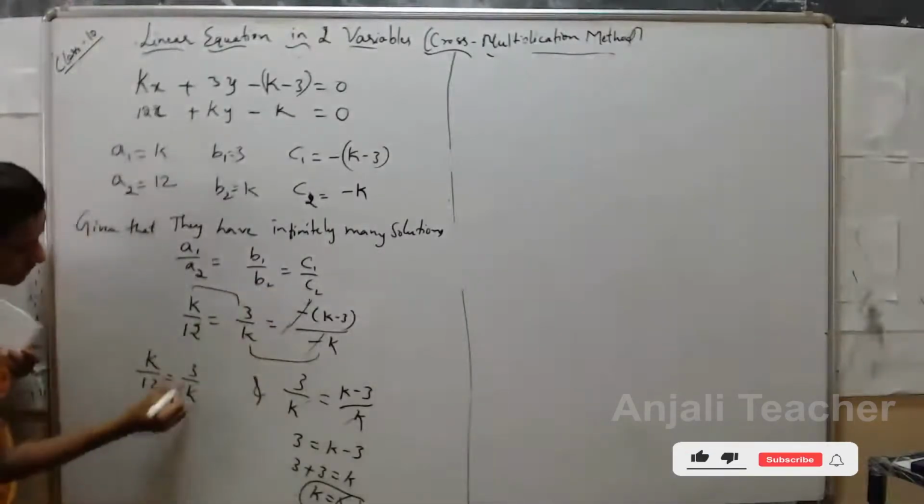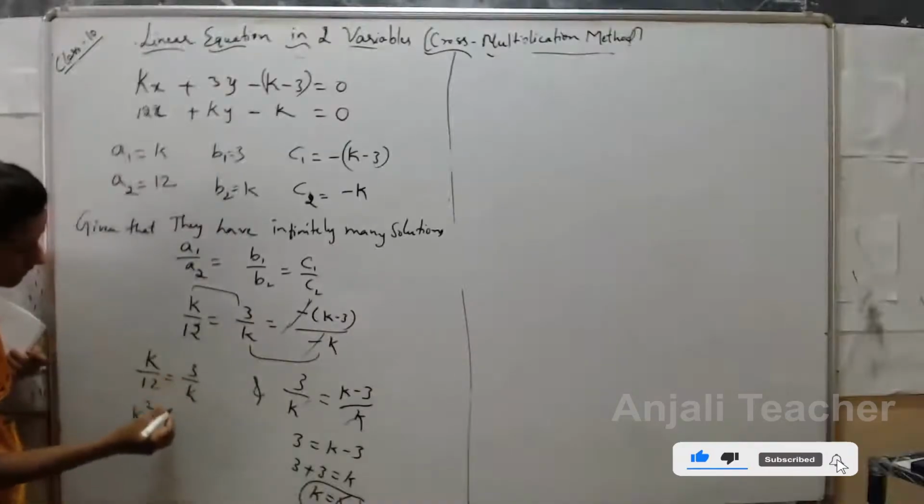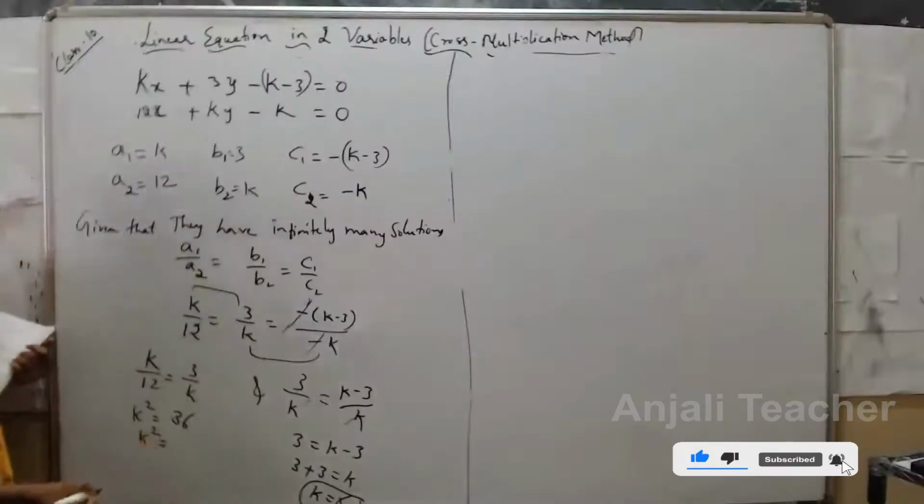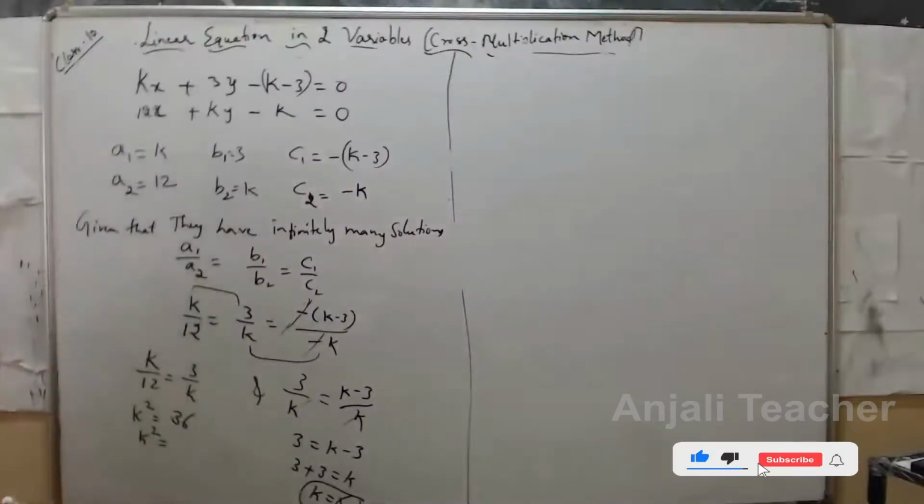K square is equal to 12 times 3, which is 36. Wait a minute, sorry. 3 by k is equal to k minus 3 by k, no need to cancel here.